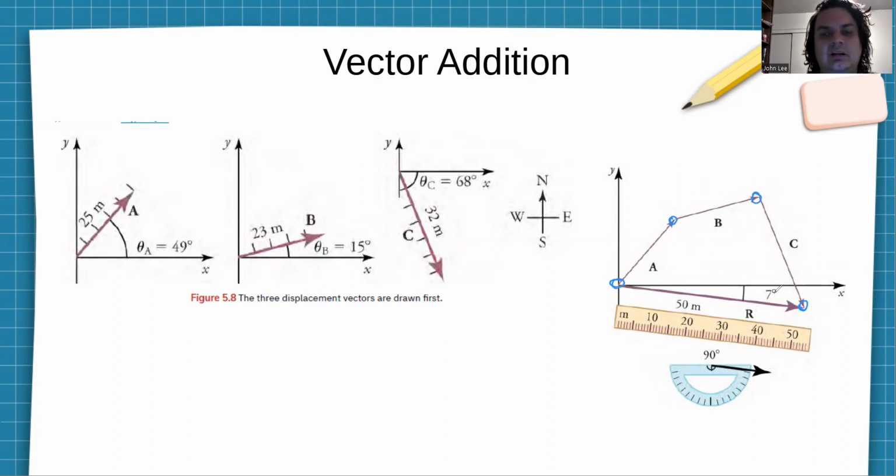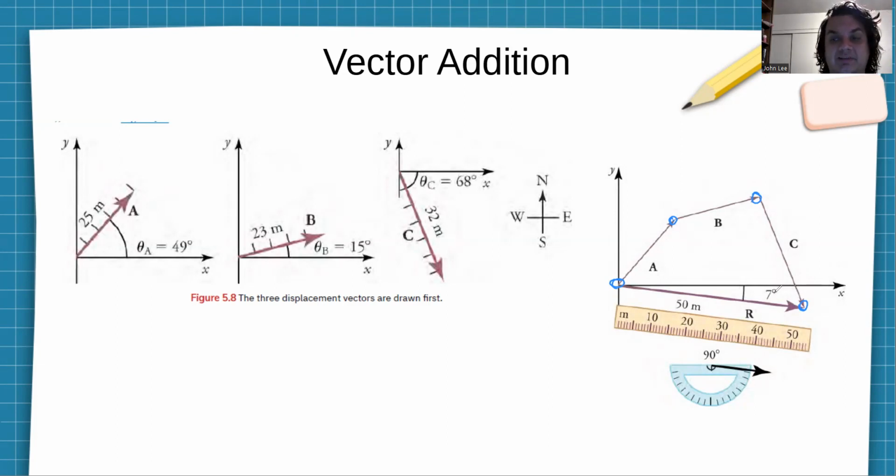So as you can see, all three of these are going to add together, and it's not just going to be 25 meters plus 23 meters plus 32 meters added together. You have to take into account the direction.